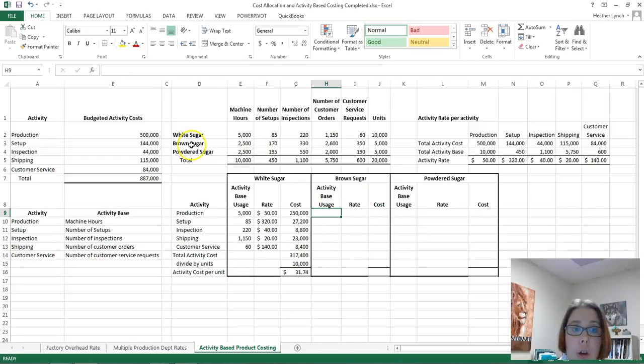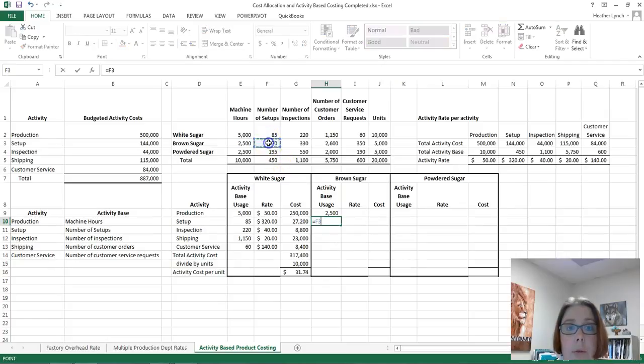So brown sugar, this is the column that we're looking at. Activity-based usage based on machine hours for production, 2,500. Setup, 170. Inspection, 330.